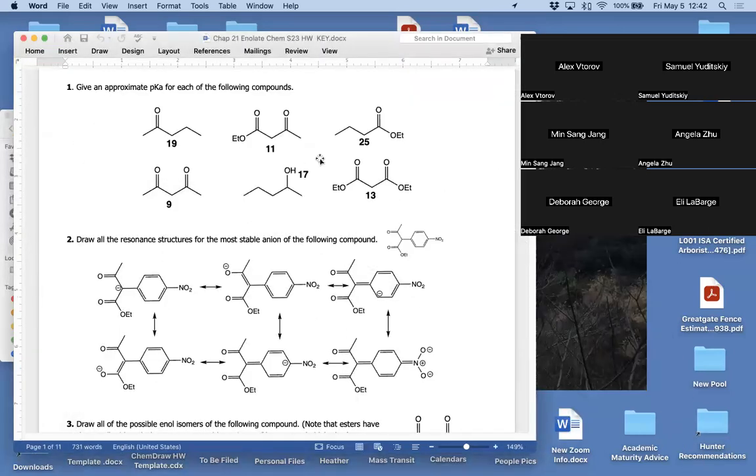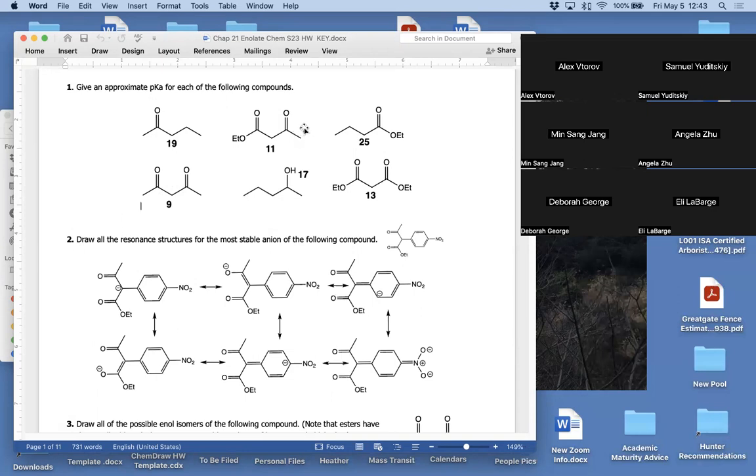Okay, so notice there's 16 orders of magnitude here, 16 orders of magnitude different between these anions. Huge range. So you've got to have a feeling.